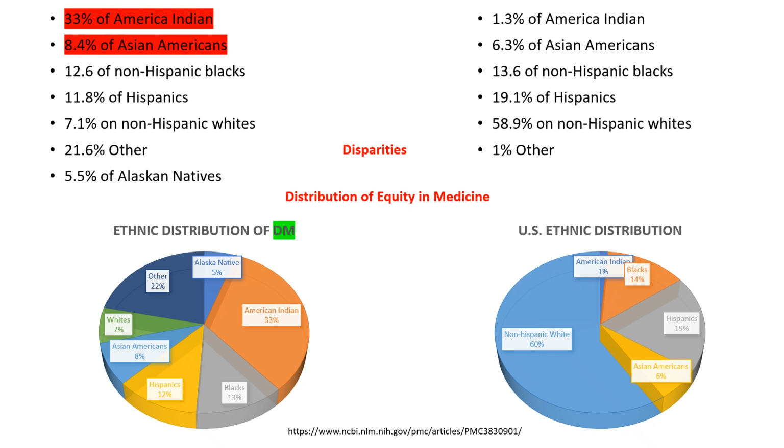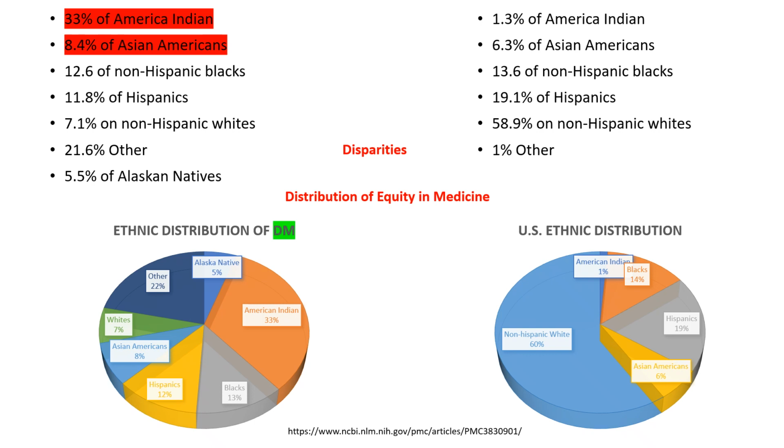This is an interesting slide. It helps you to see the health disparity in reference to certain diseases. So to the right, we're looking at the U.S. ethnic distribution based on the U.S. Census report. Whereas to the left, we're looking at the ethnic distribution of diabetes mellitus.